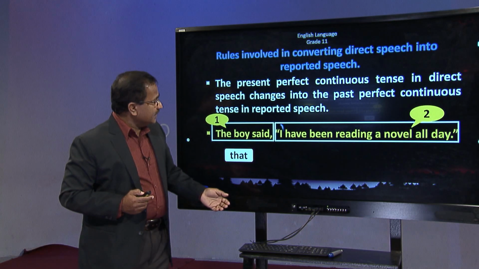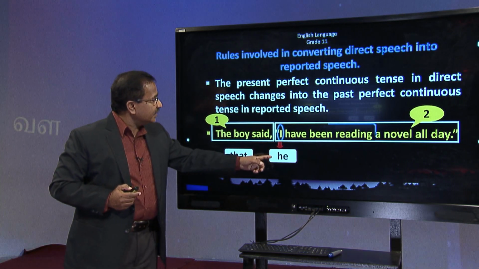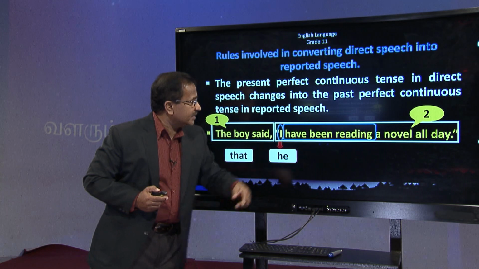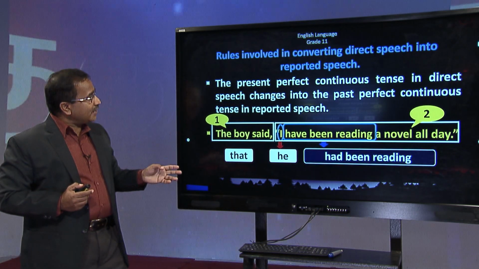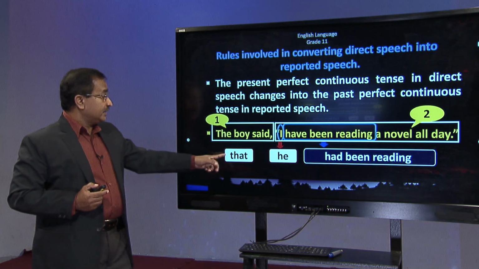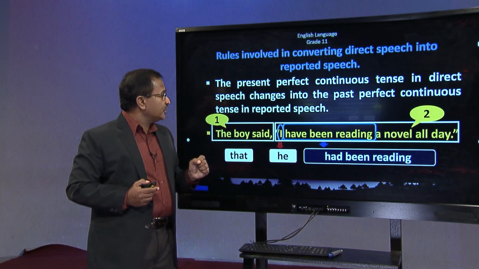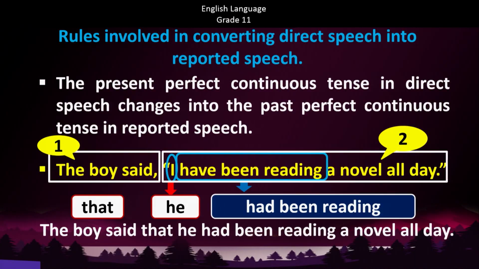Then look at the word I, it should be changed into he. Have been reading should be changed into had been reading. You may be wondering why I have used that. The word that is used in order to combine these two sentences together. The boy said that he had been reading a novel all day.